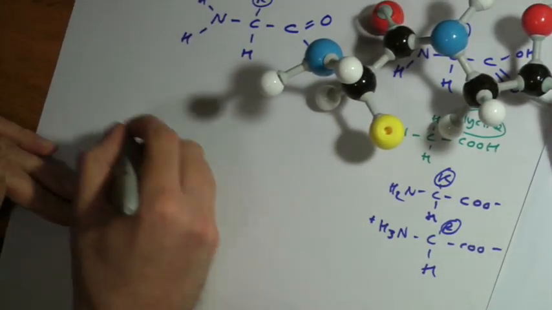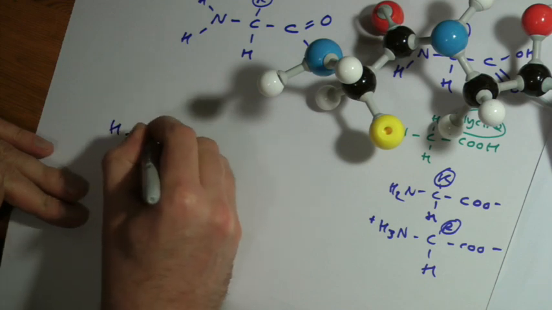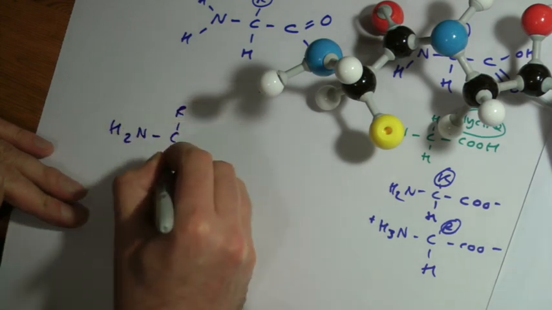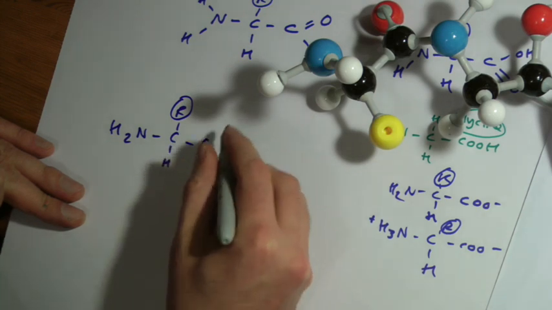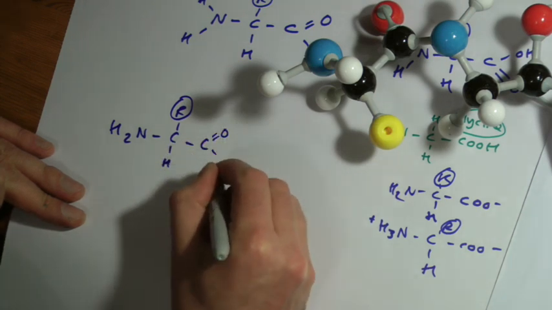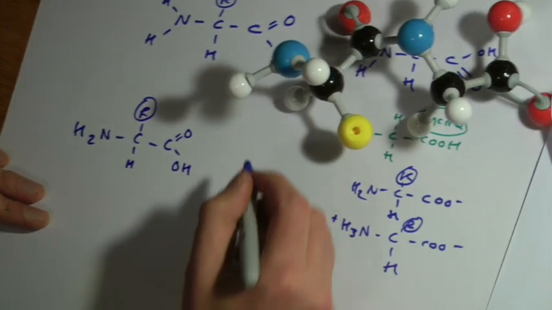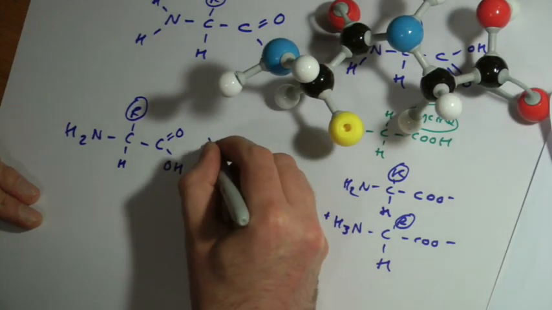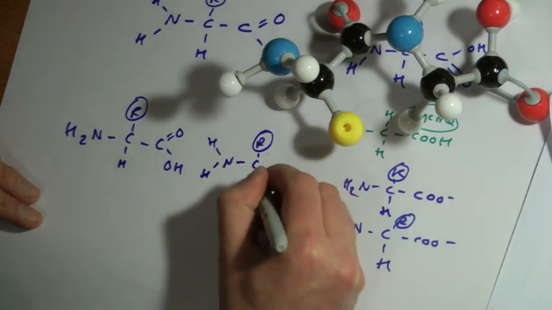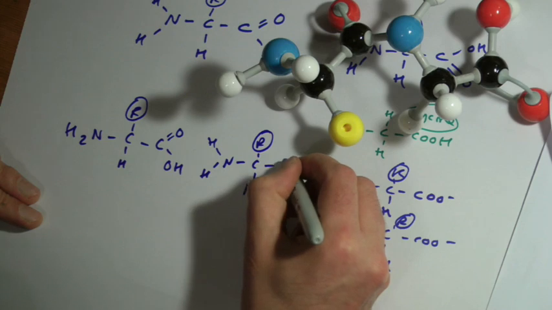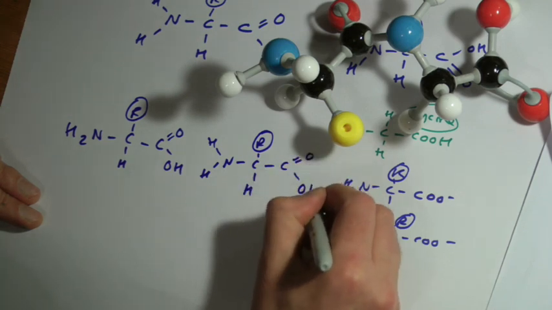So if we're going to draw that out, we'd have H2NC, let's put our R groups on the top. I'll draw up my full bit. This is going to bond onto my next amino acid, like so.